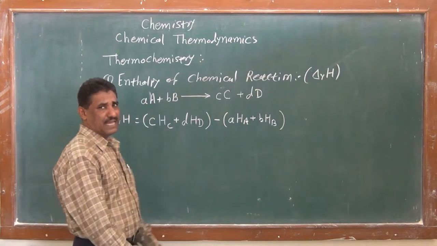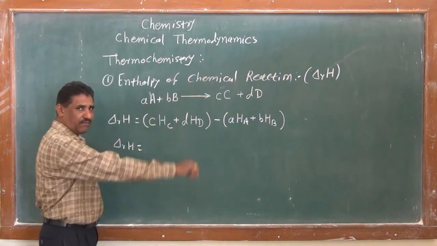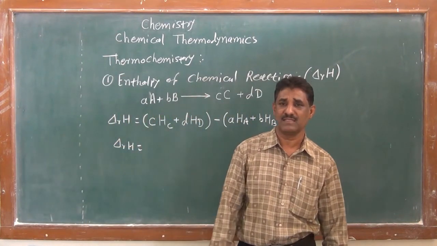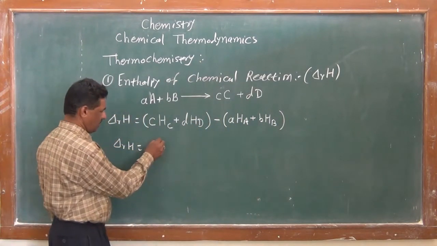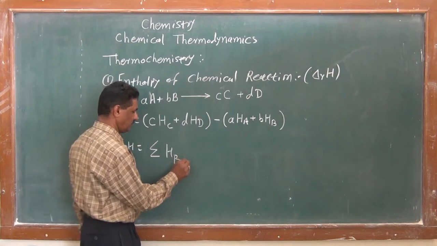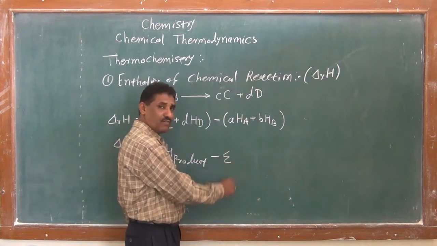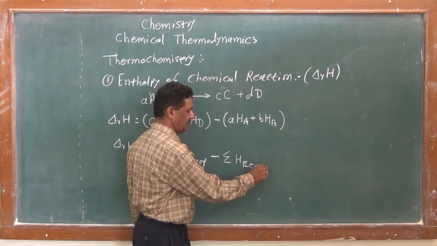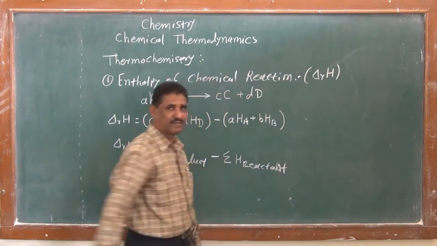Here delta RH is equal to the summation of enthalpies of the products minus the summation of enthalpies of the reactants.